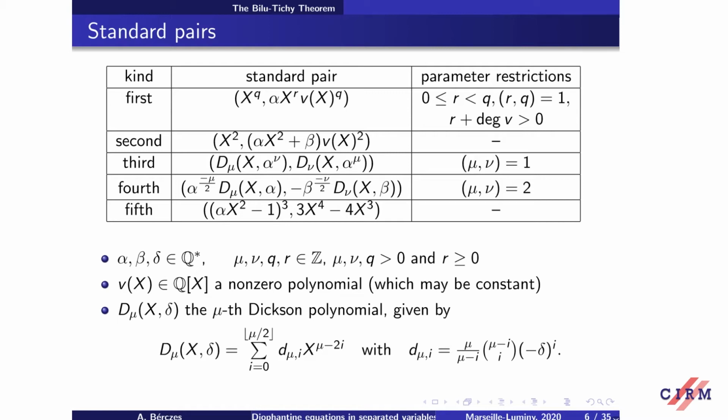So there are 5 types of polynomials. The first type of polynomials look like x to the power q and this product afterwards.